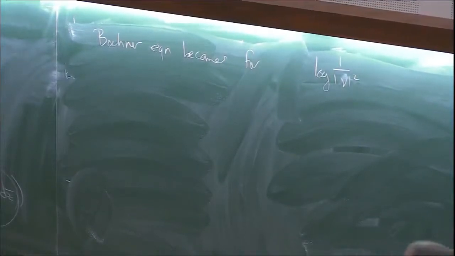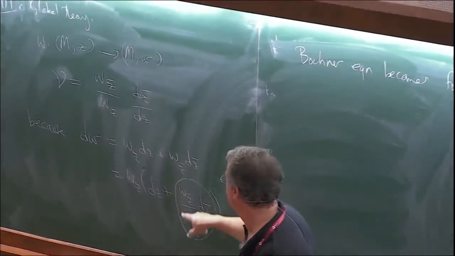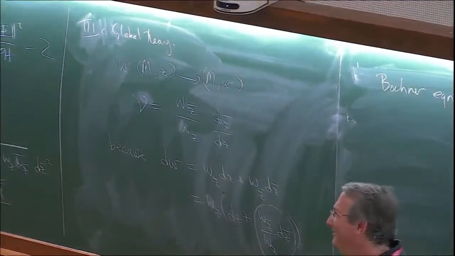Notice that when this Beltrami differential is 0, wz bar is 0, the map's conformal. The most extreme case is when wz bar over wz is nearly 1.